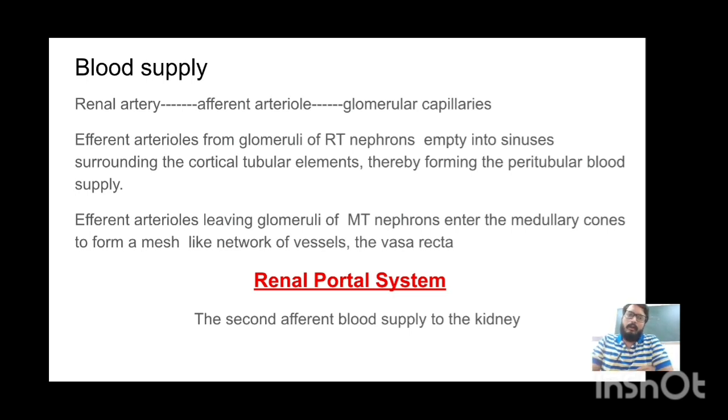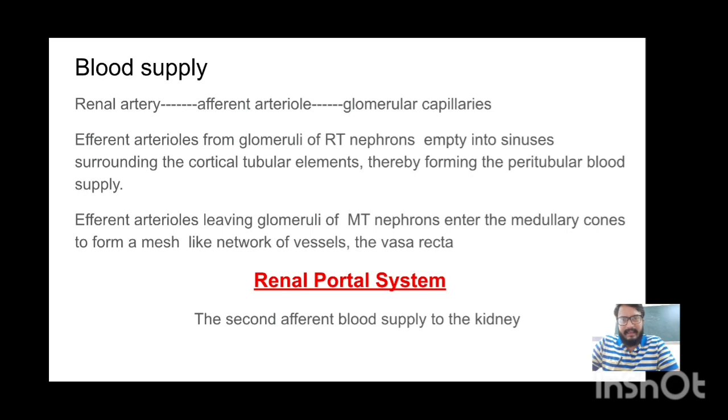The blood from the glomerular capillaries moves through the efferent arterioles from the glomerulus. Here there is a difference in where the efferent arterioles go. In case of the reptilian type of nephron, it forms a peritubular blood supply, whereas in case of the mammalian type of nephrons, it forms the vasa recta.